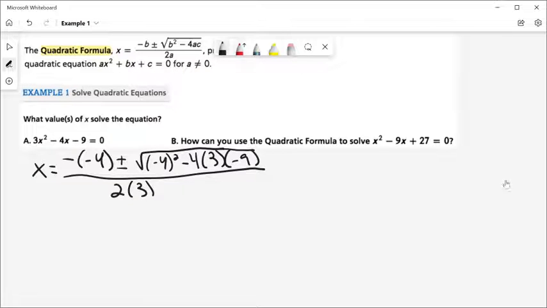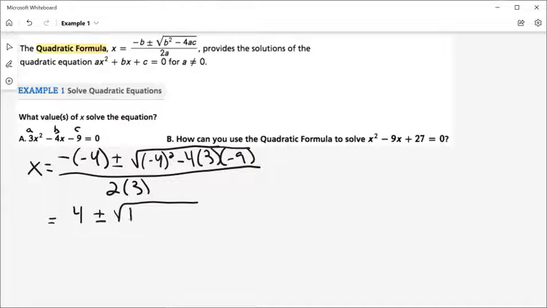Because remember that this is A, B, and C. So we simplify. We've got +4 plus or minus the square root of 16 plus, notice that it's plus because we have a negative times a negative, 108.